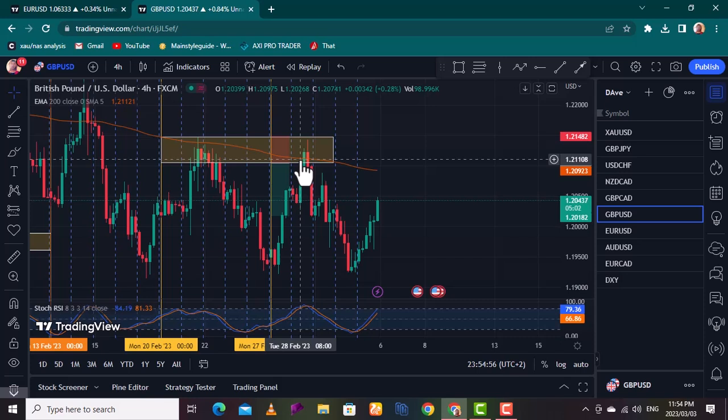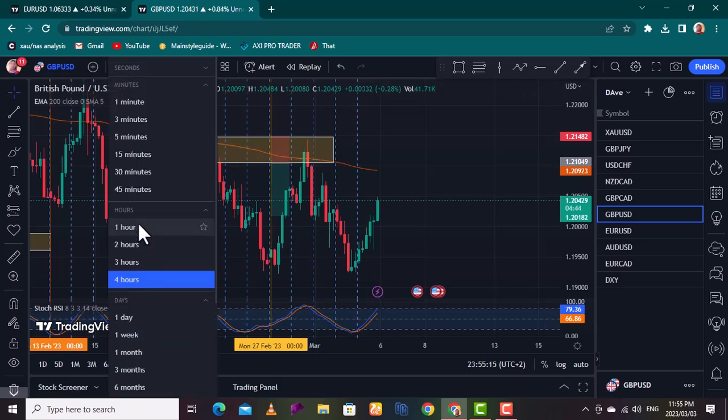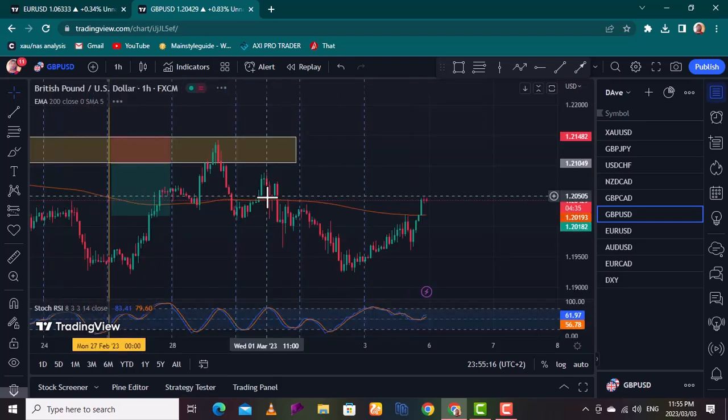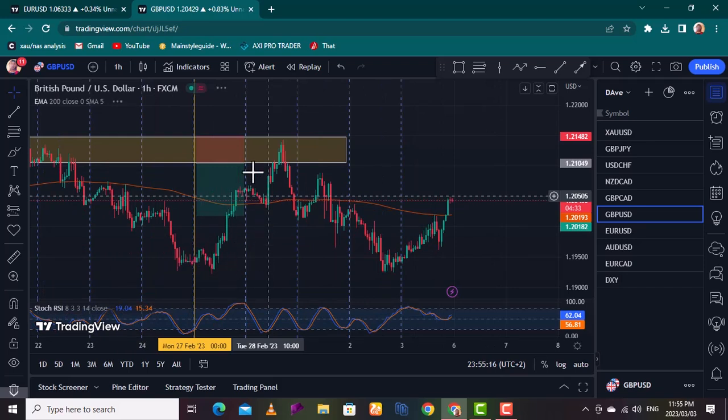But if it's impulsive when it gets to your point of interest, you don't take the position as soon as it gets there. You want it to be approaching the way out of your point of interest for you to take the trade. To explain that, I'm going to go into the hourly time frame. From Monday to Tuesday, it was a whole lot of impulsive momentum.